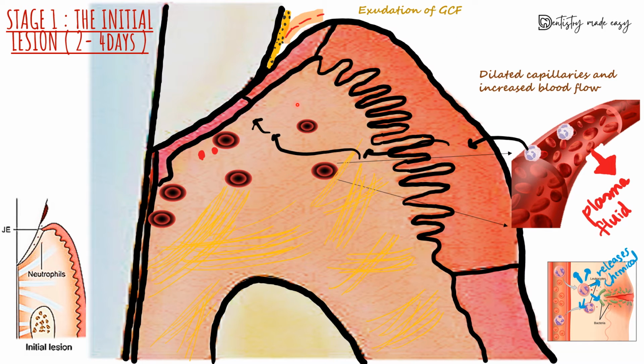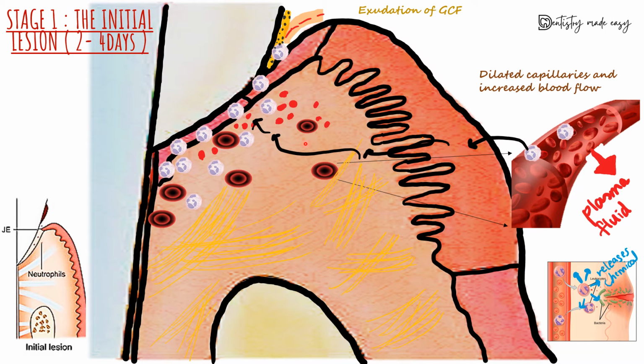So this is the process in which the neutrophils escape out of the capillaries towards the connective tissue. What happens is the neutrophils migrate to the area of insult and accumulate in the connective tissue just below the junctional epithelium. So this is the accumulation of the neutrophils in the connective tissue.